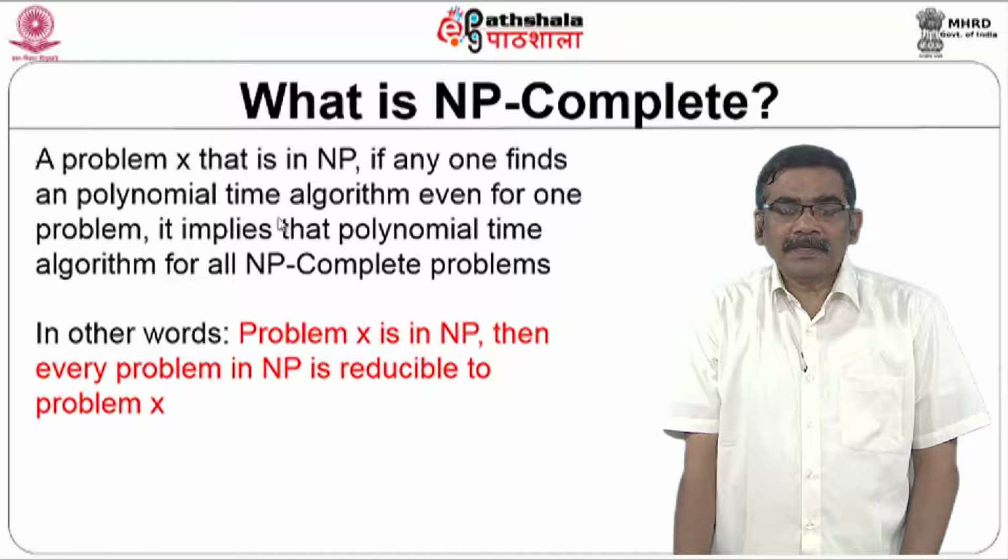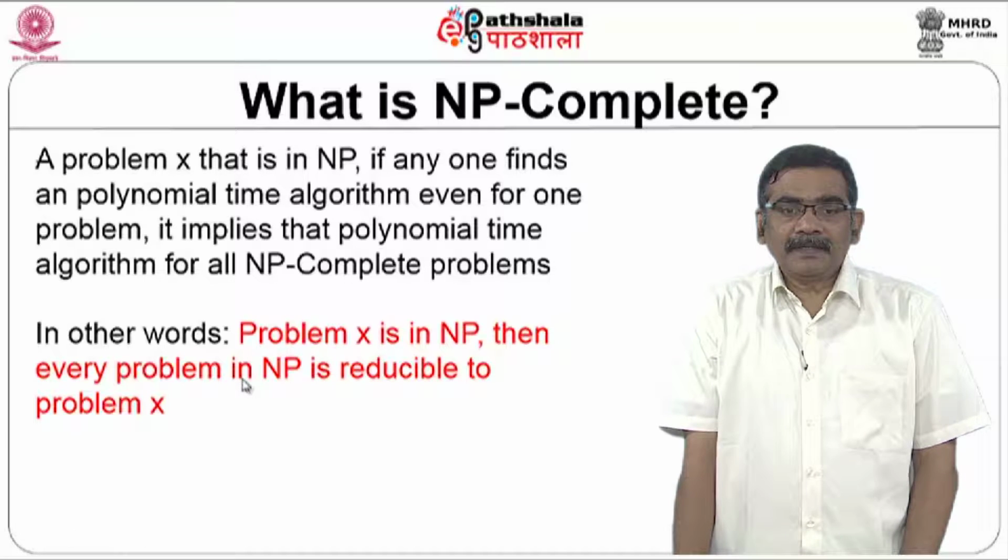In other words, the entire set will vanish if any one of the problems is solved. We can also say that the problems in that complete set are so related that one problem can be reduced to another in polynomial time.